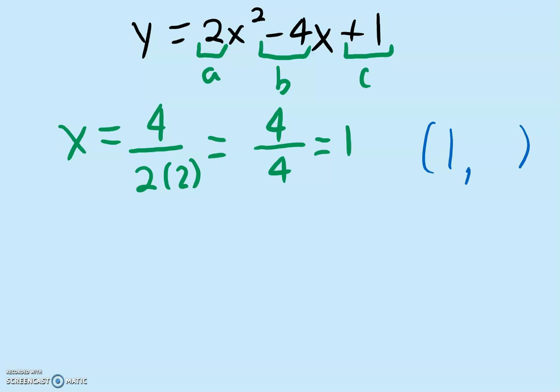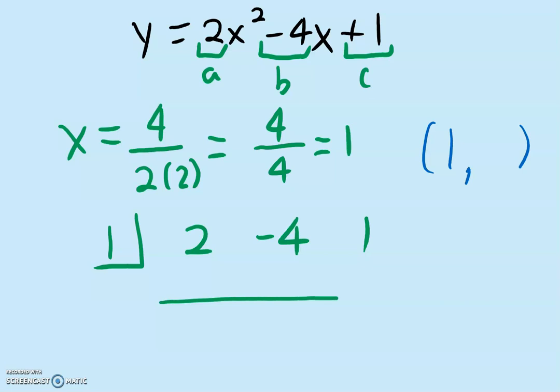Now to find the y-coordinate, we're going to plug in the x-coordinate. So I'm going to put a 1 over here. And then all I'm going to do is copy down a, b, c. A is 2, b is -4, and c is 1. Now, first thing, drop down the 2, and then we multiply. 1 multiplied with 2 is 2.